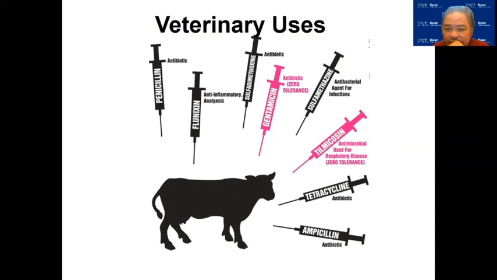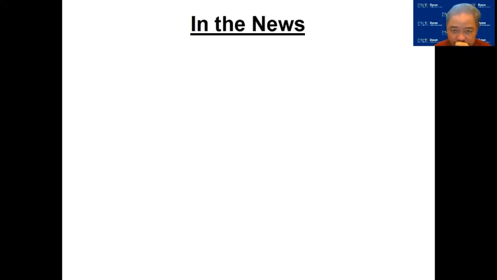And then we have gentamicin, another sulfonamide, and then tilmicosin, an antimicrobial used for respiratory diseases, and then you have tetracycline and ampicillin. This is for therapeutic purposes.